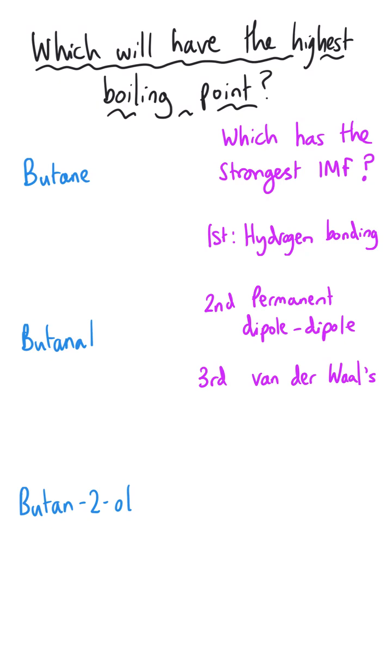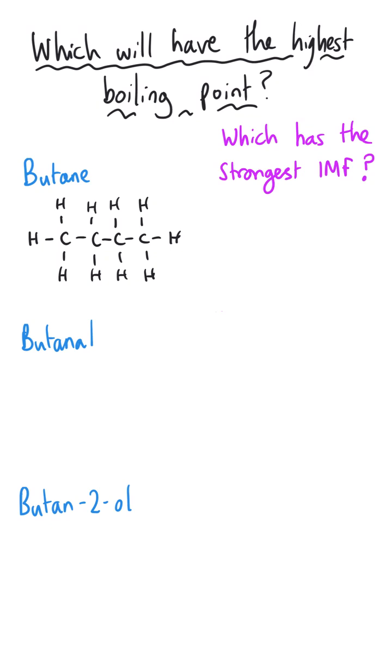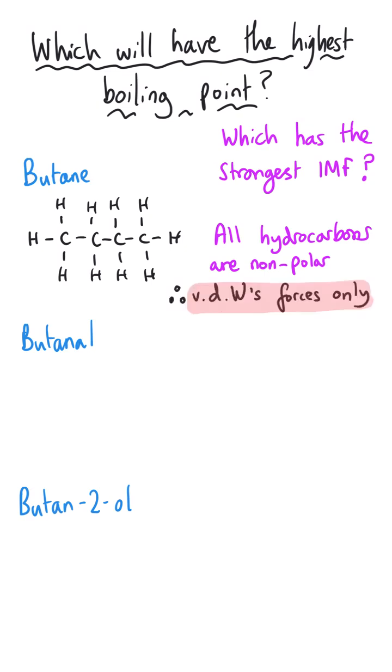And so what we're going to look at here is butane. Butane only has carbon and hydrogen atoms in it. There is such a small dipole within the carbon to hydrogen, it's not worth considering. And the molecule is symmetrical, so definitely no dipole moment in hydrocarbons. So that means that there will only be van der Waals forces in butane, and so the boiling point of butane is likely to be very low.